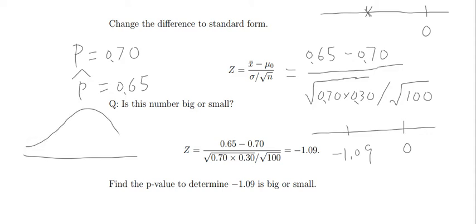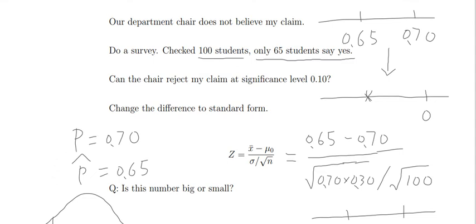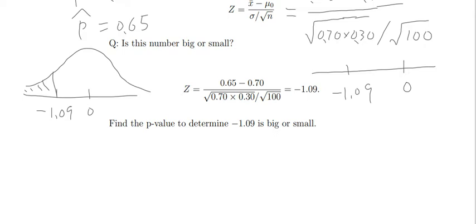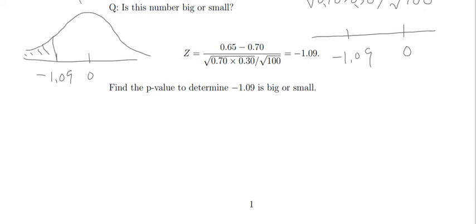We check negative 1.09 in the table, and this gives the p-value. We check whether this p-value is small or not so small, comparing with alpha, which is 0.10.